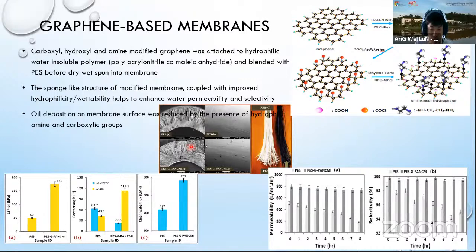This is due to the increase in the viscosity and hydrophilic functional groups of the graphene oxide that slow down the non-solvent and solvent exchange. So this is a very technical detail involving the membrane synthesis. Okay, but basically, I want to show you that the graphene materials can alter the structures of the membrane, which might be good for the water to flow through and preventing the pollutants from flowing through.